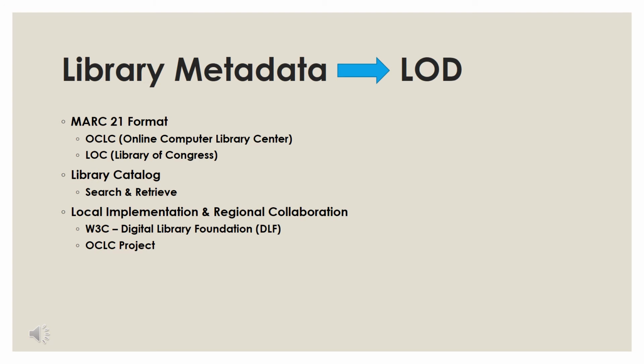So the idea behind library linked open data is to have this data available on more than just the library catalog, having it also appear in search results for search engines, so that if you Google Mark Twain or the Hunger Games or something like that, your local library listings would also pop up.